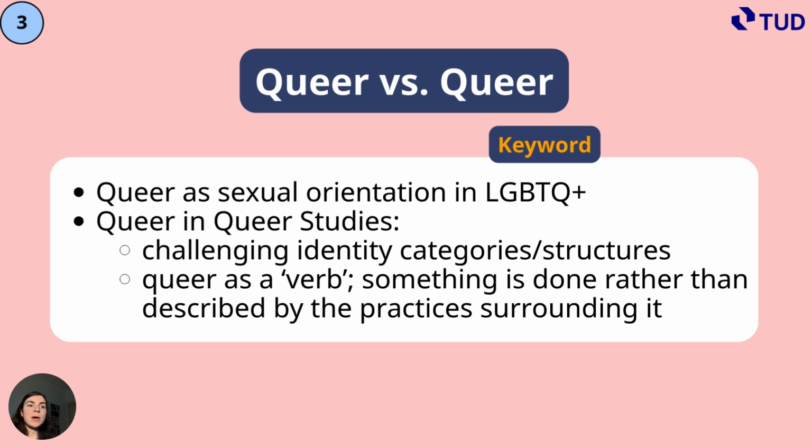It's less about describing something as queer in the sense of different, but rather about queering, in the sense of a verb, challenging everything by describing it as queer, really going against those existing structures and looking behind the binary distinction, but also behind any kind of fixed identities, just to say: look at the limitless possibilities. So that would be queer in queer studies, really going much further than queer as a sexual orientation.